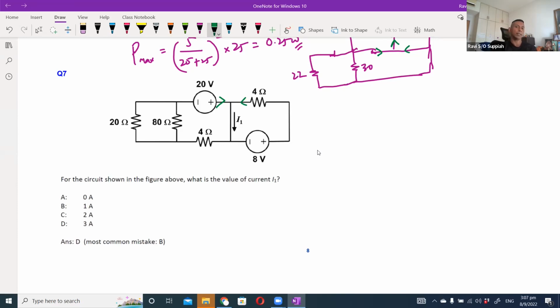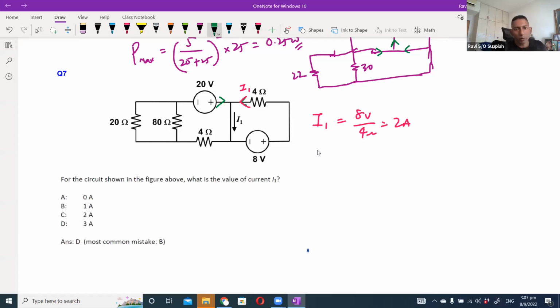So the current that flows through the 4 ohm resistor is going to be a result of only the 8 volt supply. This red branch here is only a result of the 8 volt. So that current, which I can call I1, will be 8 volt over 4 ohm, which is 2 ampere.